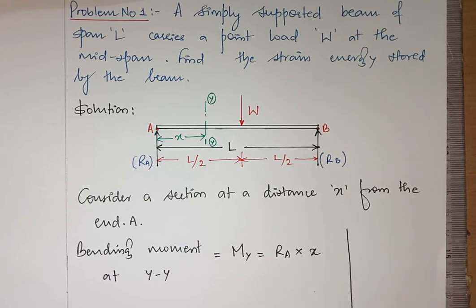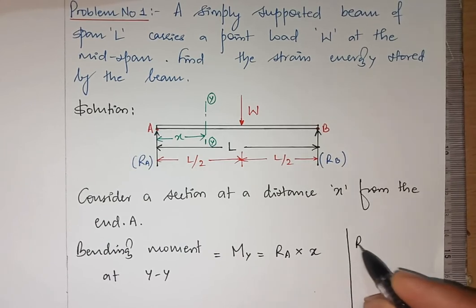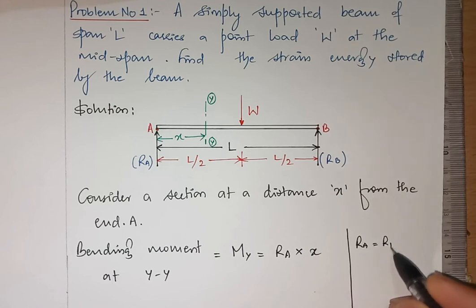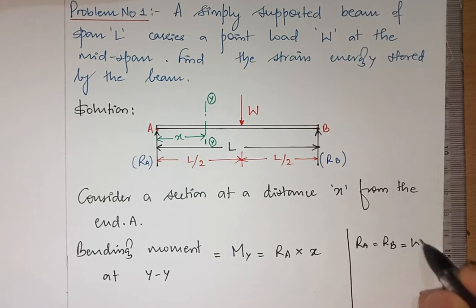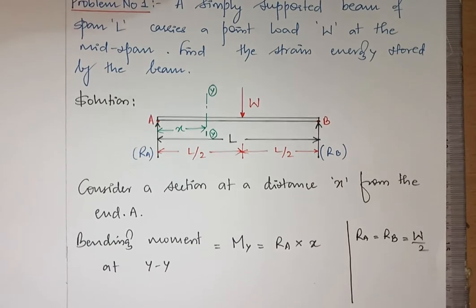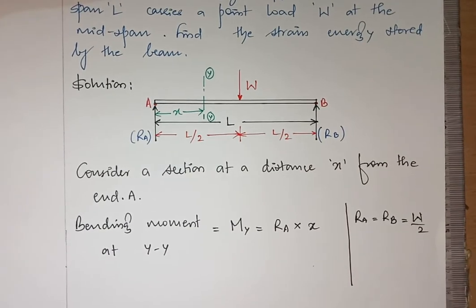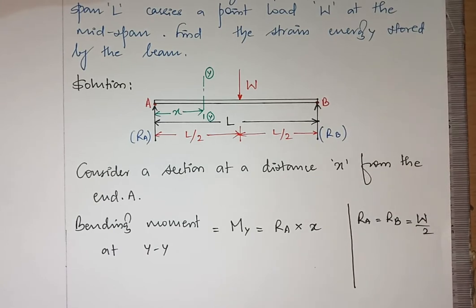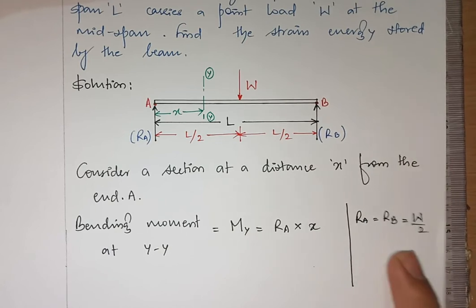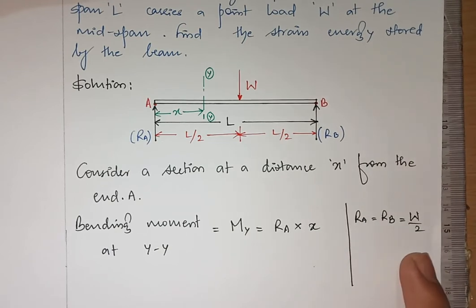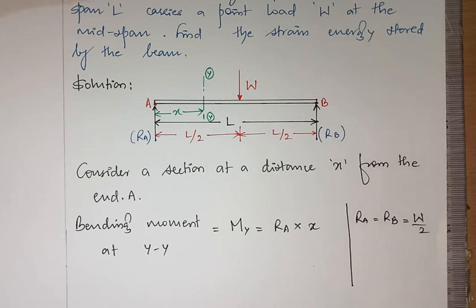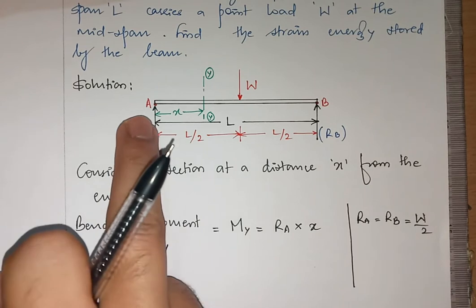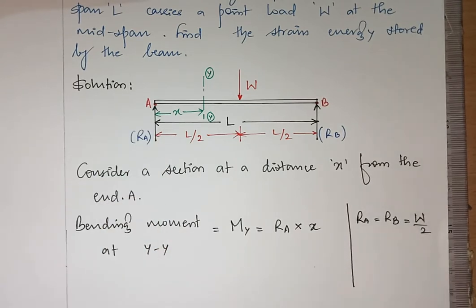Now here I'll write something important: Ra is equal to Rb is equal to W by 2. How did I decide this? Very simple. This is a simply supported beam and the load is at midspan, so the reactions will be equal. We have already studied this in beams. If you are not sure, use the static equilibrium conditions, sigma Fy equal to 0, and take moments about a point to get Ra and Rb.